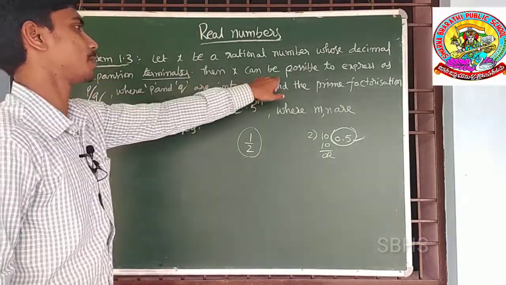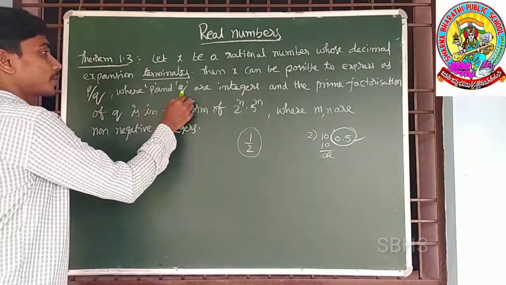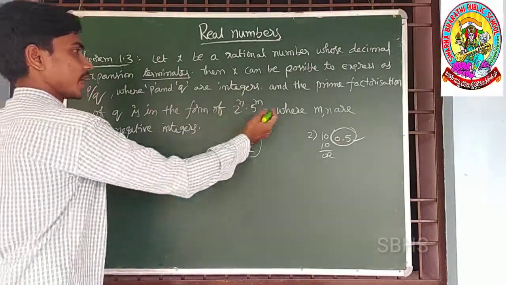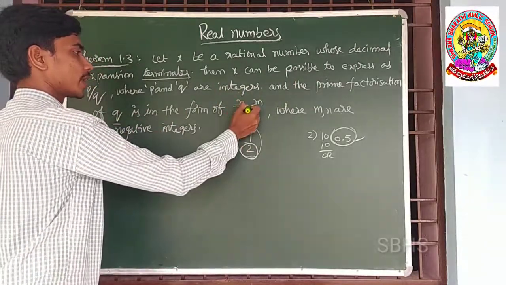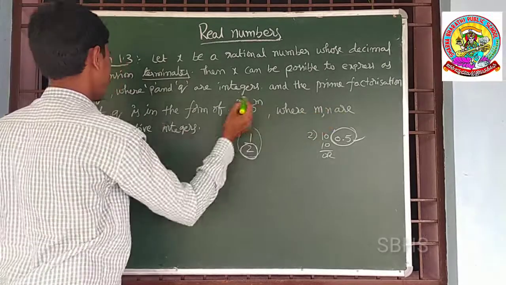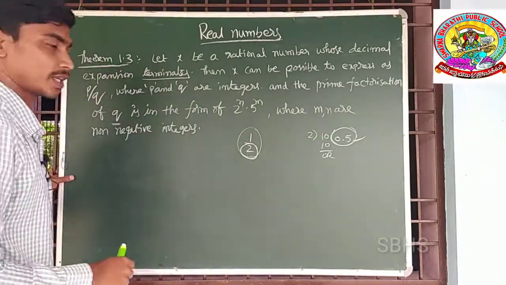Then x can be expressed as p by q, where p and q are integers and the prime factorization of the denominator q is in the form of 2 power n into 5 power m, where m and n are non-negative integers. We have two types of decimal expansions.